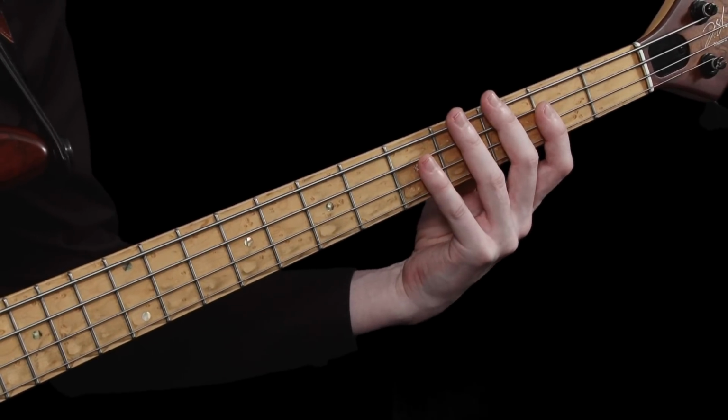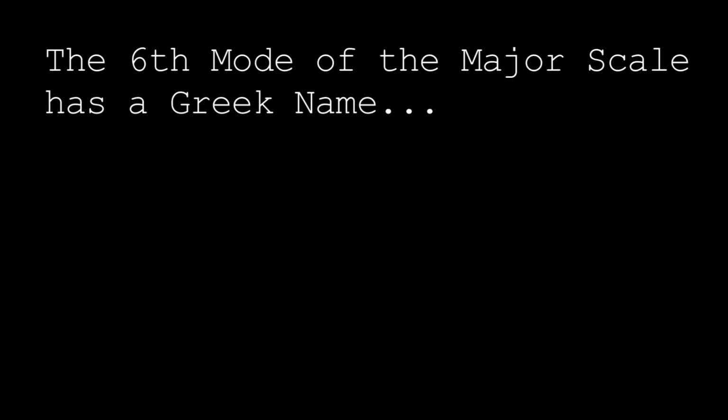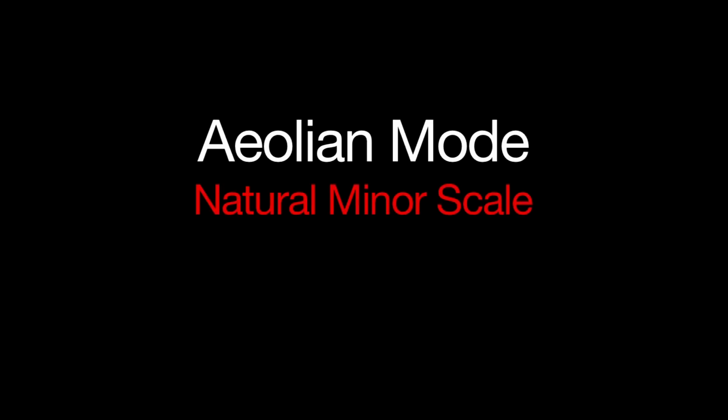Okay, as with all modes, the 6th mode of the major scale has a Greek name and is referred to in the world of music theory as the Aeolian Mode. However, it's worth noting that the Aeolian Mode is also known as the natural minor scale, but more about this later.